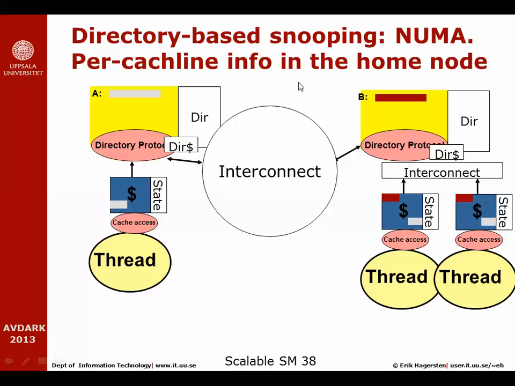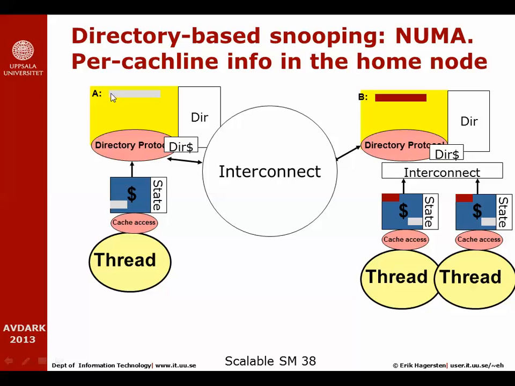What you see here is, in this node to the right, we have a node with two CPUs or two threads, each with a local cache hierarchy and their states here. They are connected by some kind of interconnect to the directory protocol. The directory protocol is now broken up in a way that half of the shared memory lives in this node, half of the shared memory lives in a different node.